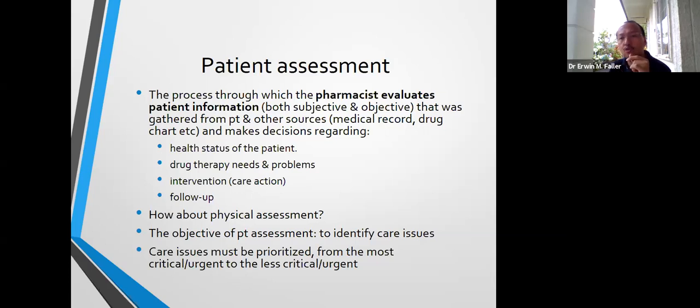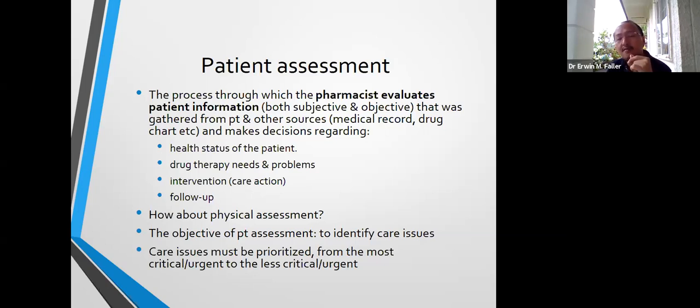The evaluation will look into the health status of your patient, the laboratory results, the drug therapy needs and problems, the intervention, and of course the follow-up and monitoring for our patient.